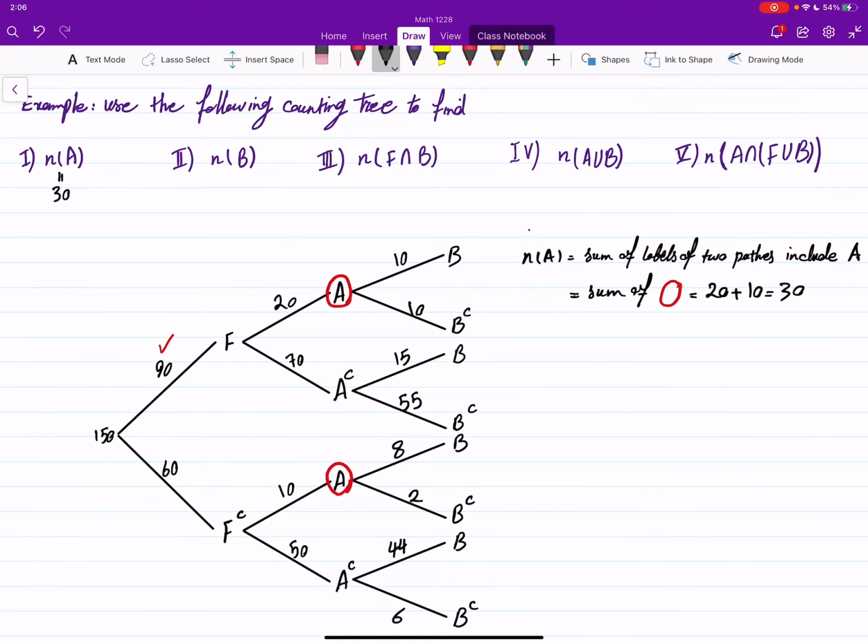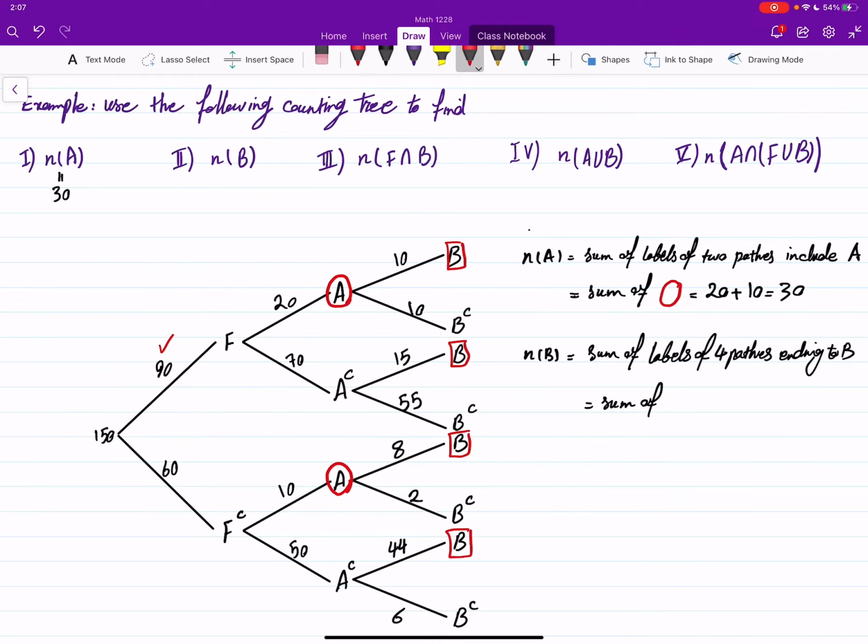How about N of B? B is in the 3rd level, so we have to go with that. So I have 1 B here. There's another path, and another path. There are 4 paths. Remember, I have to find the sum of the labels of all 4 paths ending in B. So we are trying to find the sum of all the boxes or squares or whatever there.